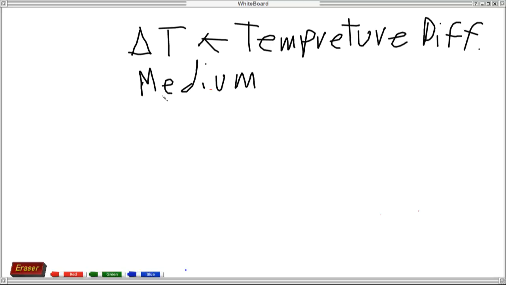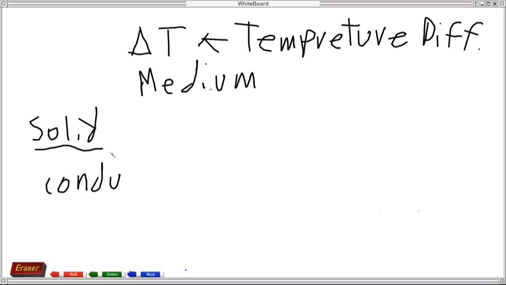And there are four different mediums in terms of matter that determine how heat is going to travel, whether it's through a solid, which is direct contact. Okay, and that's called conduction.